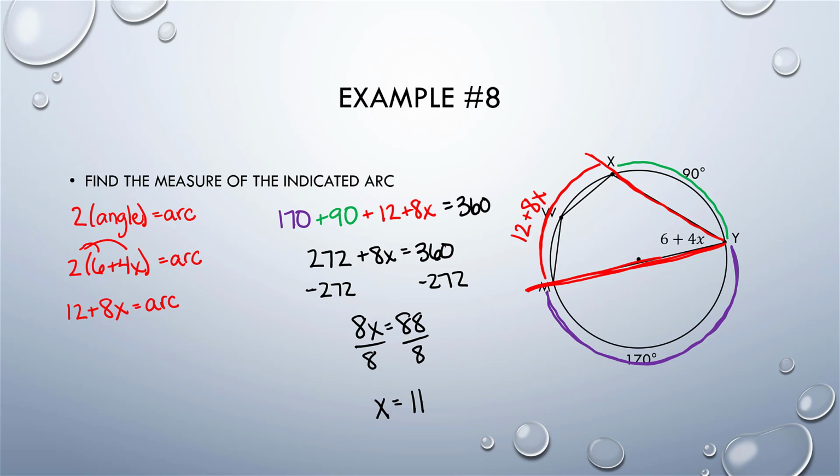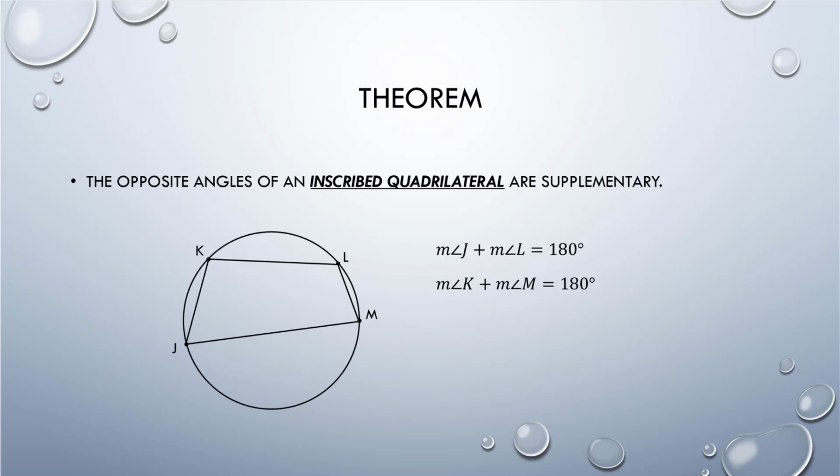Okay, so let's now look at some polygons that are inscribed, but they're not regular polygons. So we looked at regular polygons. We kind of looked at polygons with inscribed angles, but let's look at another special fact about quadrilaterals specifically. So the opposite angles of an inscribed quadrilateral are supplementary.